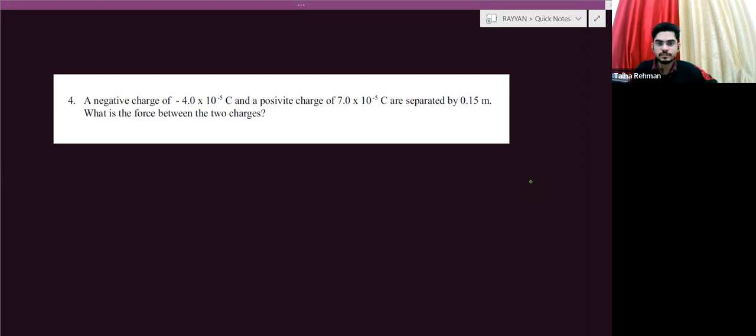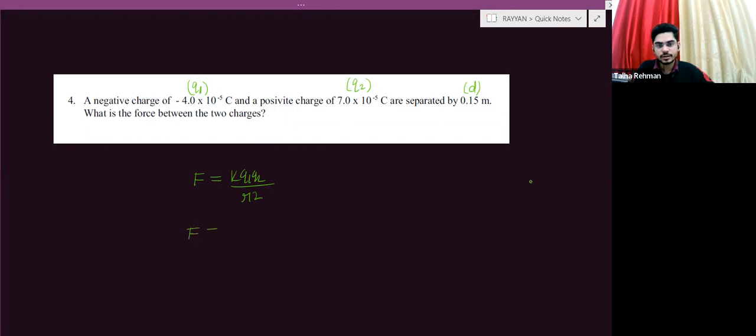You know this is Q1. You can take this Q1 and Q2, and this is the distance D. The force we want to calculate. Directly I can write K Q1 Q2 divided by R square.